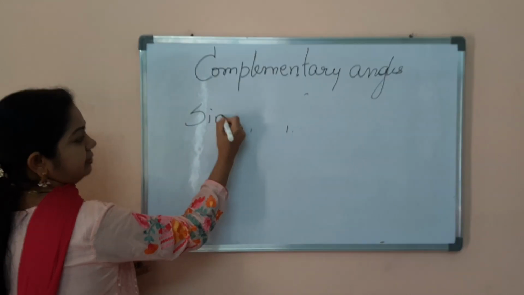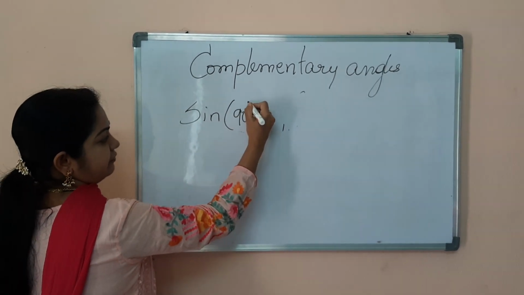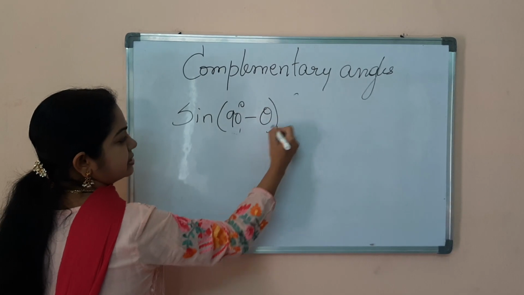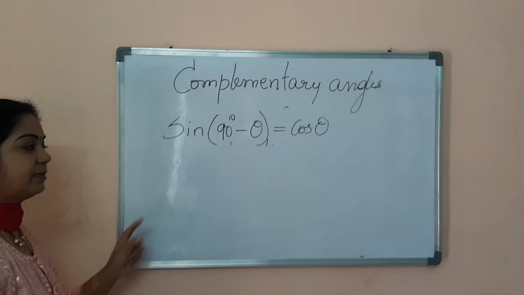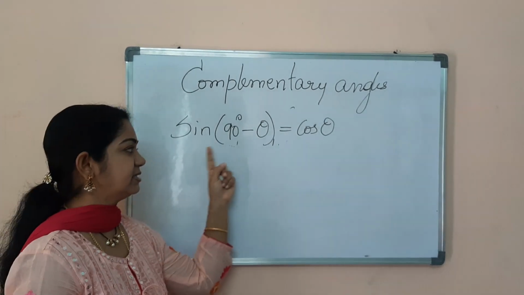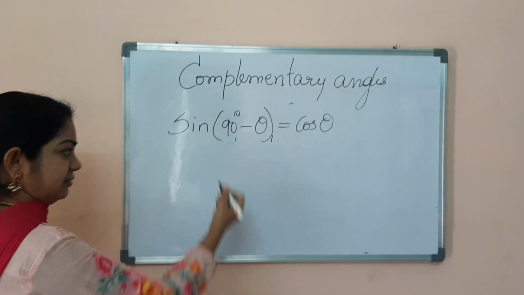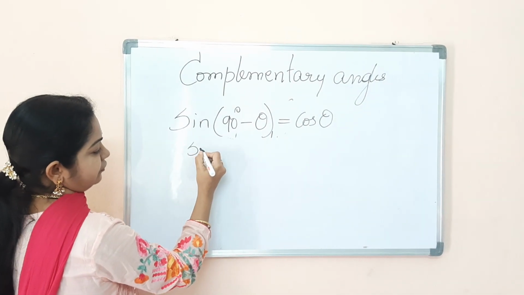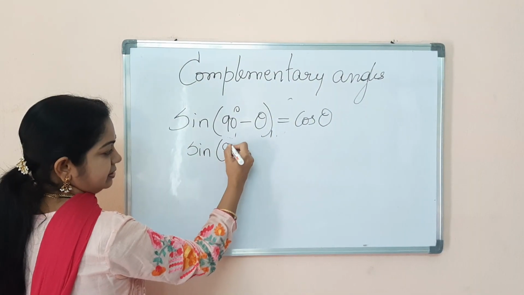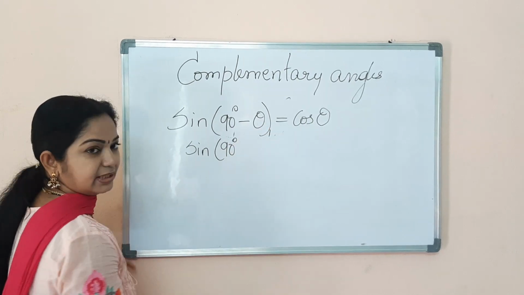If you take the sine function, sine of 90 minus theta is equal to cos theta. This is a complementary pair. Sine 90 minus theta is cos theta. For example, I'll take theta as 30 degrees.